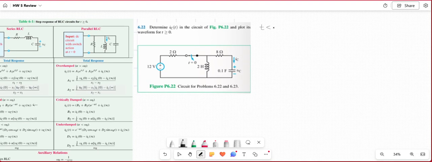For t less than 0, this is closed. So we're going to make that a short.